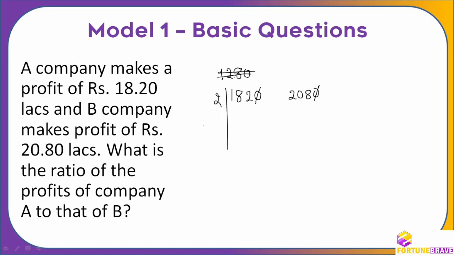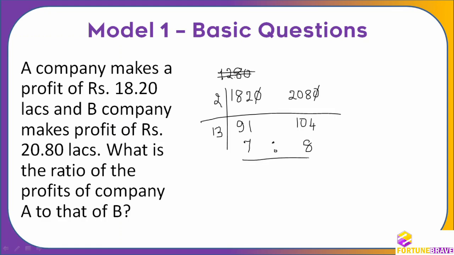So if I divide by 2, what I'll get is 91, and this is 1040. Is it possible that 91 is divisible by 13? I think 13 should be divisible, right? It should be 13. So 13 can divide this number. 13 sevens are 91, and this is 13 eights.